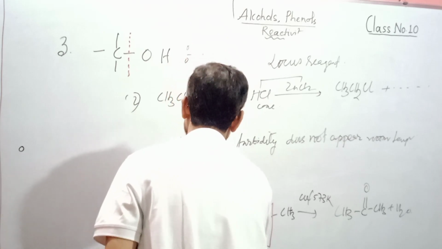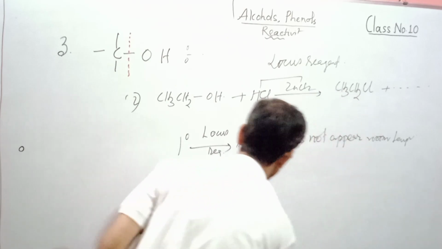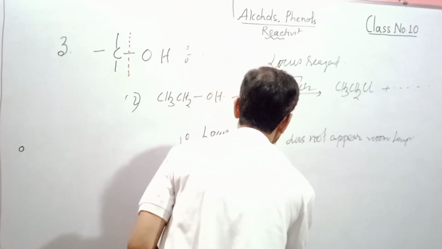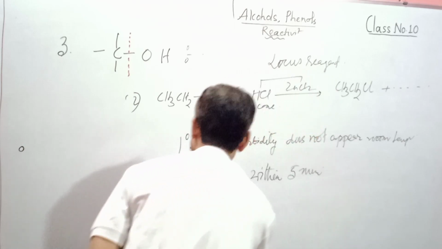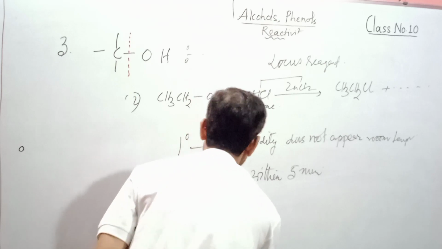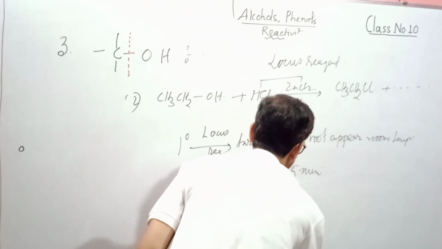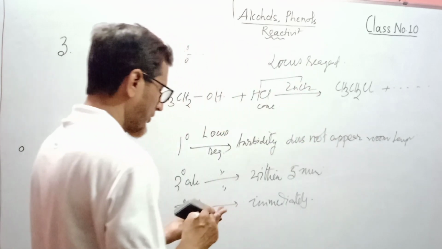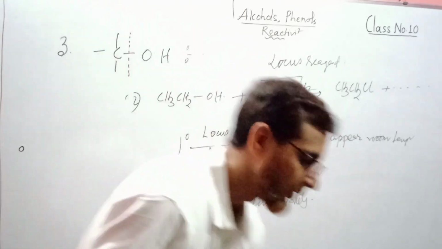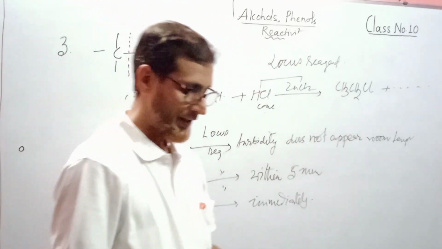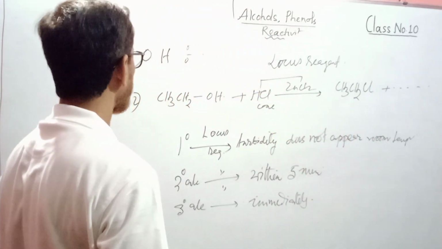Number 2, if the alcohol is 2 degree and you use Lucas reagent, turbidity occurs within 5 minutes. And if it is 3 degree alcohol, turbidity appears immediately. So with the help of Lucas reagent, we can distinguish 1 degree, 2 degree, 3 degree alcohol. That's why this is a very important type of reaction.